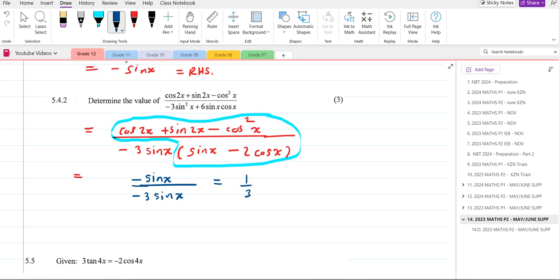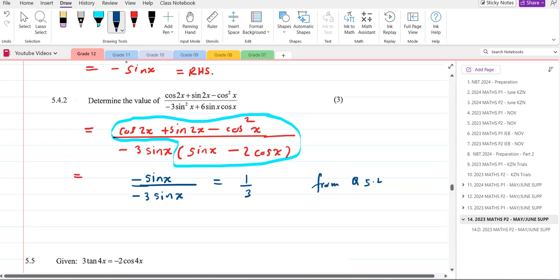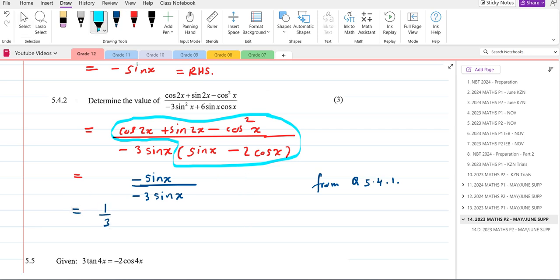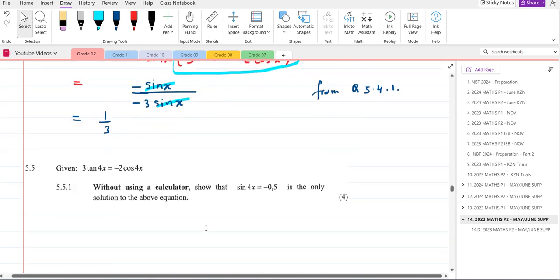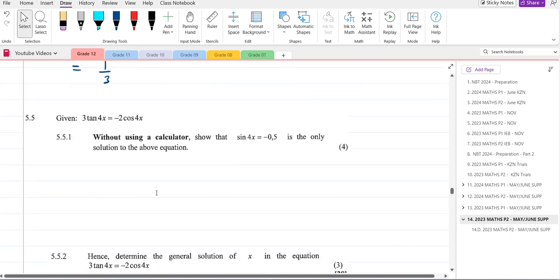This is from question 5.4.1, we proved that. So my answer is equal to 1/3, because sin x and sin x cancel out. Remember we proved that this entire thing is equal to negative sin x, so I'm replacing this whole thing with negative sin x. Right, so all sorted. Let's move on to the next problem.